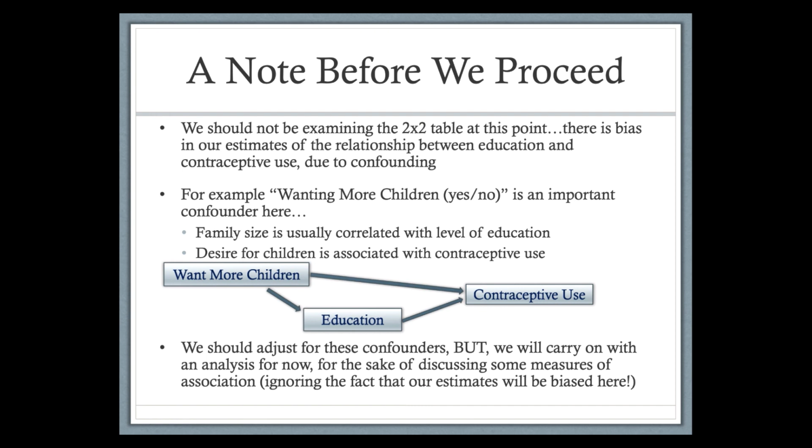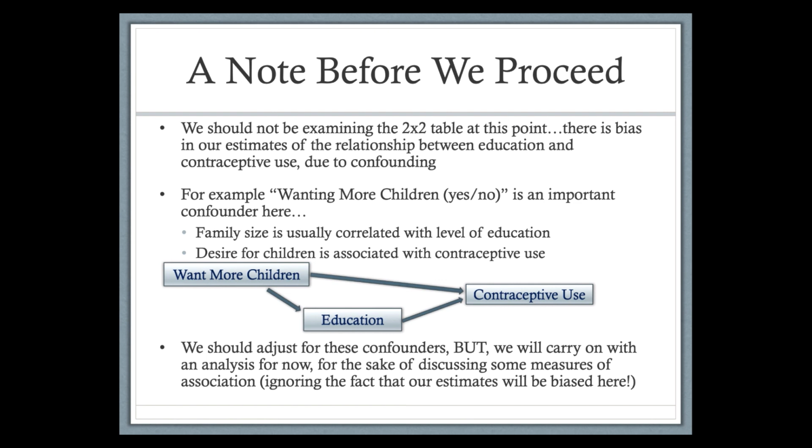This variable, would you like to have more children, yes or no? It's an important confounder here. I've already drawn the diagram that represents confounding. We can think this variable, do you want more children, yes or no, should be related to contraceptive use. This desire to have more children or not is likely associated with level of education.